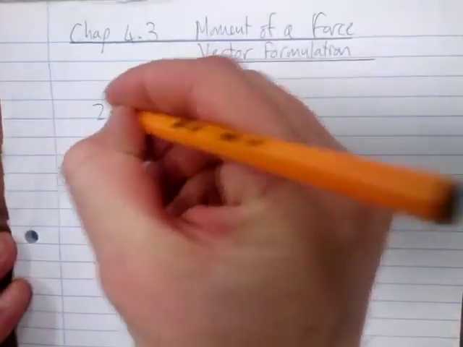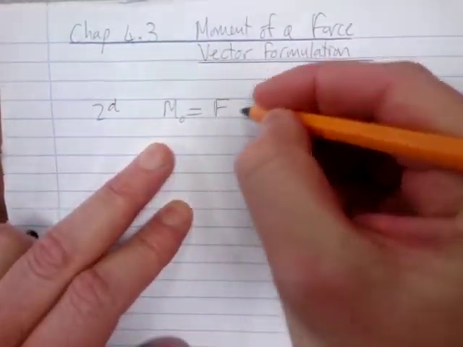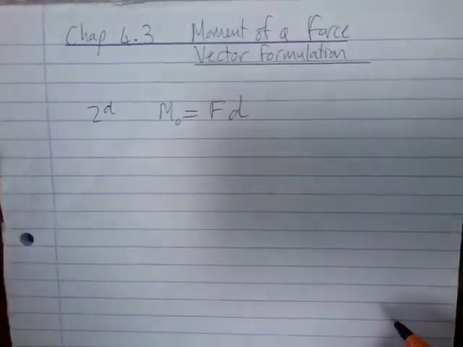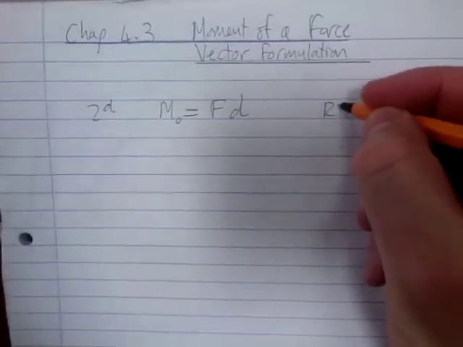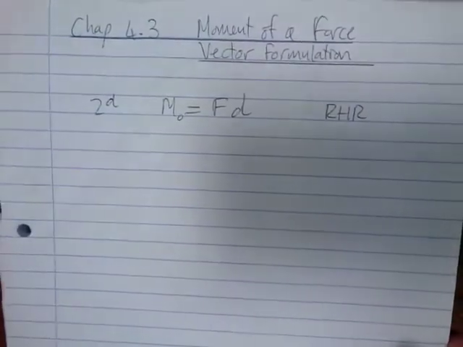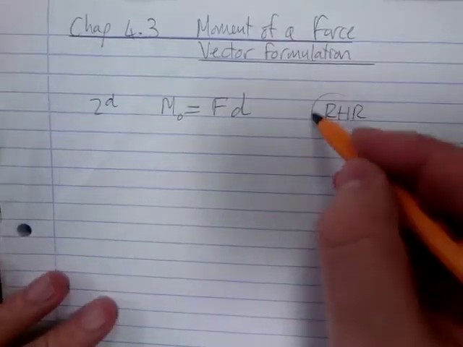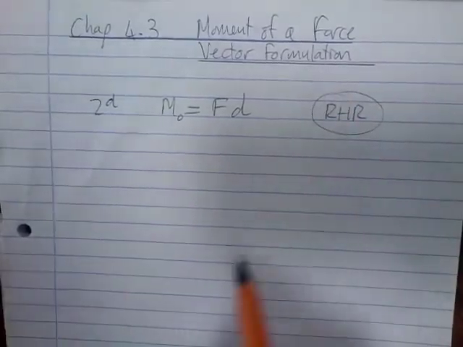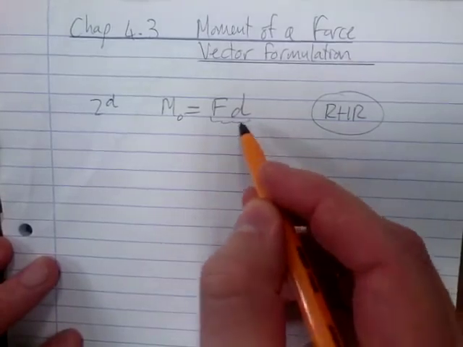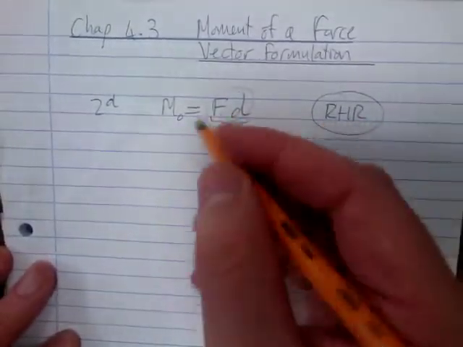In two-dimensional space, our moment was equal to F times D. Okay? And again, we use the right-hand rule. We're always using the right-hand rule, whether we are in two-dimensional or three-dimensional space, to determine our direction. This was our magnitude, F times D, and our direction was based on the right-hand rule.